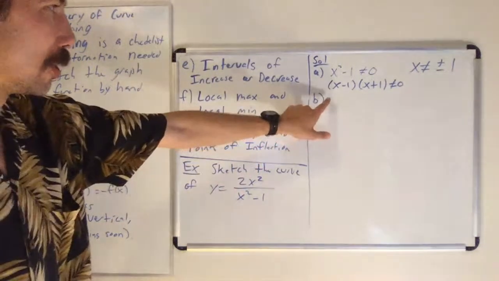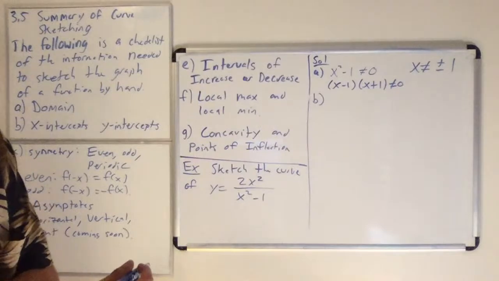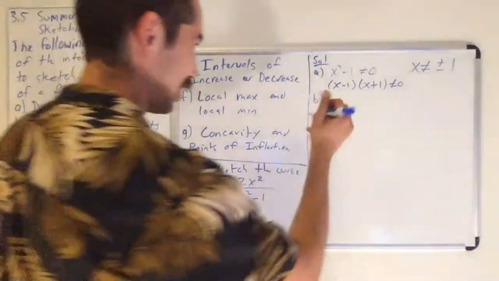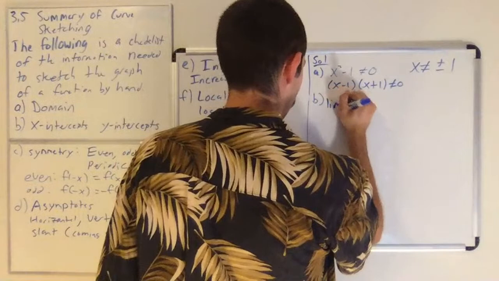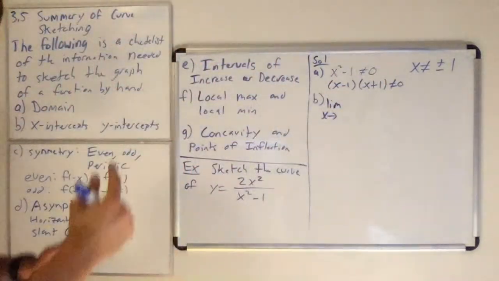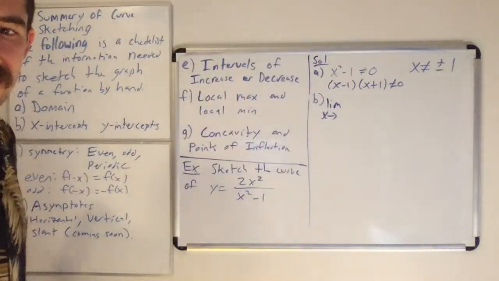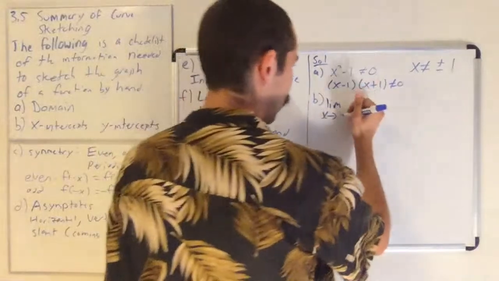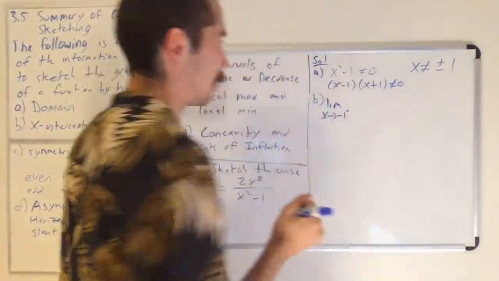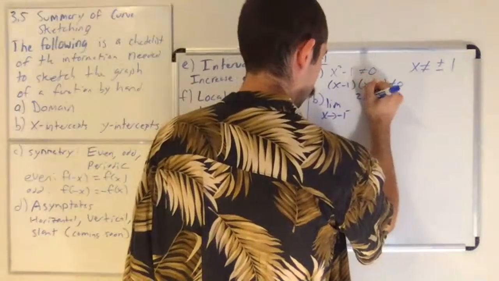All right, so we want to find the vertical asymptotes. We want to take the limit as x goes to each of these numbers from both the left and the right to see if our graph is going upwards or downwards from each direction. So we'll take the limit as x goes to -1 from the left of our function.